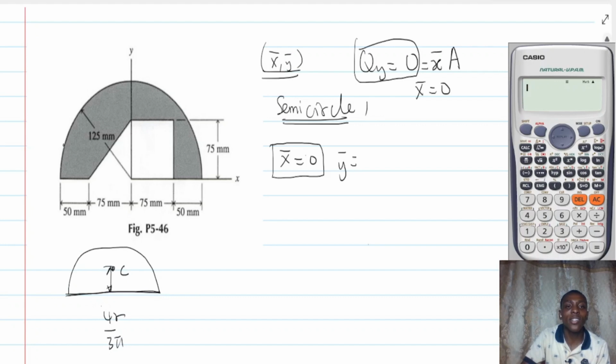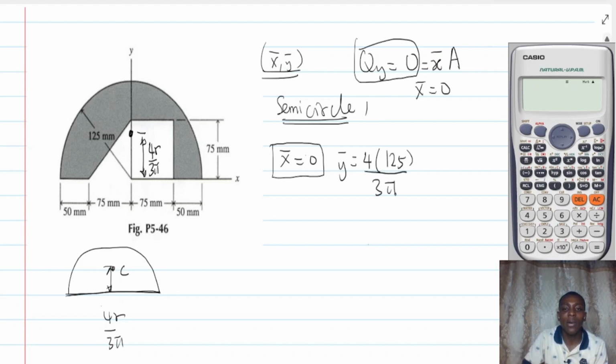So if I consider this whole big semicircle, in other words, we are looking at a distant centroid somewhere, not necessarily at the 75, but somewhere here. And we are saying that that distance is given by 4r divided by 3 pi. It's going to be 4 multiplied by the radius. The radius is what? 125 divided by 3 pi.